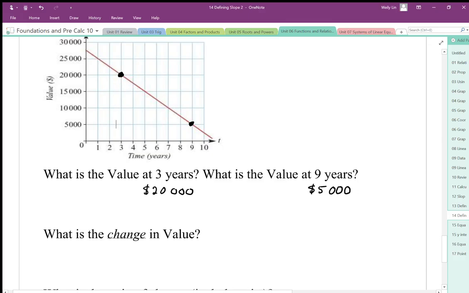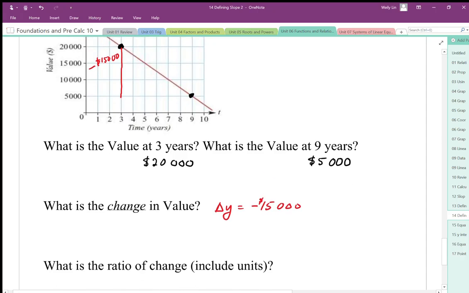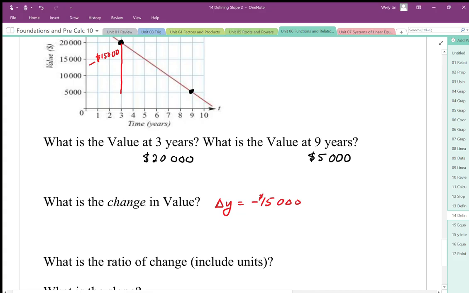Okay, and the change has gone down, so it's a negative change. So it's gone down, it's lost $15,000 of value. So the change in y works out to be negative $15,000. And again, make sure that you keep track of your units here.